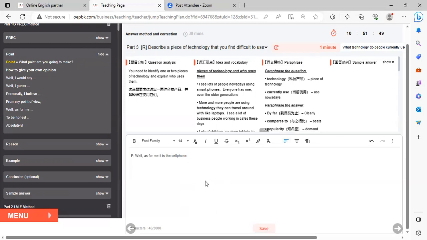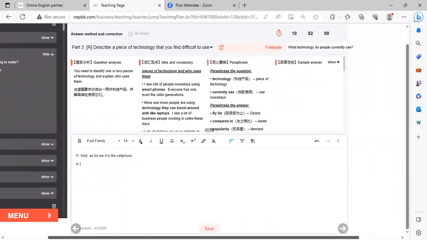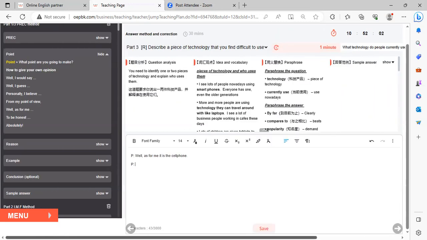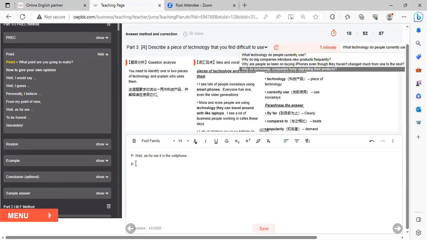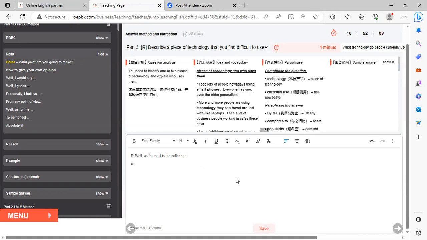For example, well, as for me, it is the cell phone. I'd like to introduce you to an idea on how to introduce your answer. For example, what technology do people currently use? The topic here is technology, right? Now, let's talk about technology.